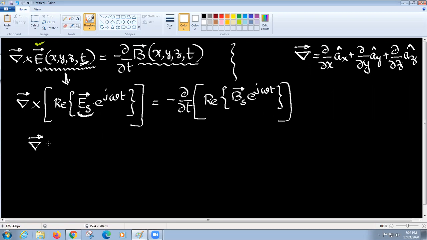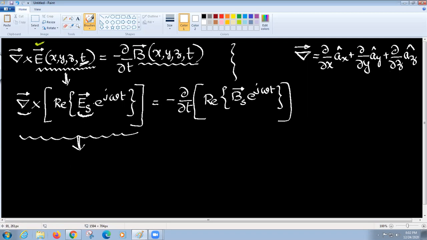I can say curl of, how can I put this in simple words? Let me directly write this one like this. I know this curl has nothing to do with this time stuff, because it is a spatial variation. So this ES is spatial dependent stuff.